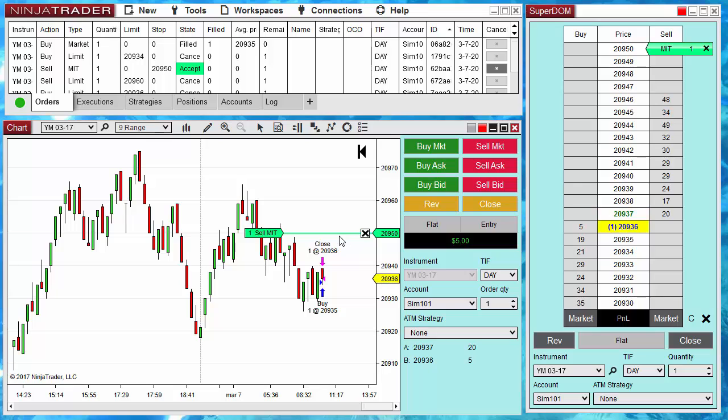That order resides on the platform, not on the exchange. And Ninjatrader waits for the price to touch the level and then executes a market order. That means that it is very possible that we will not get a fill at that exact price.